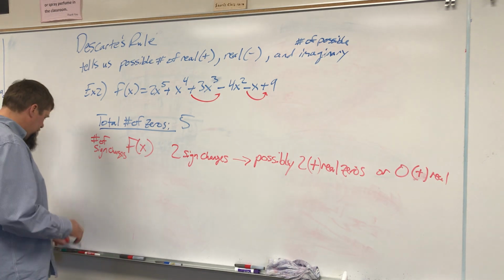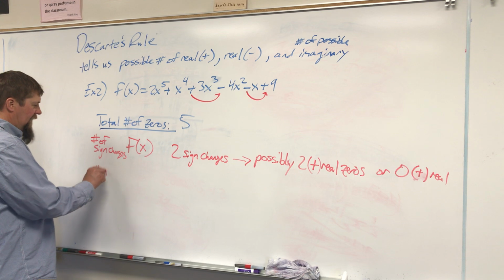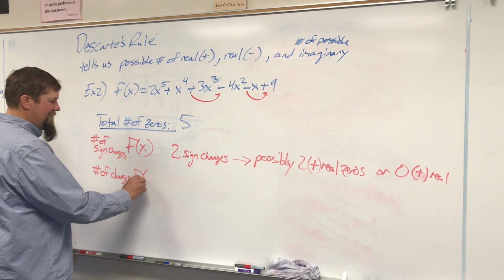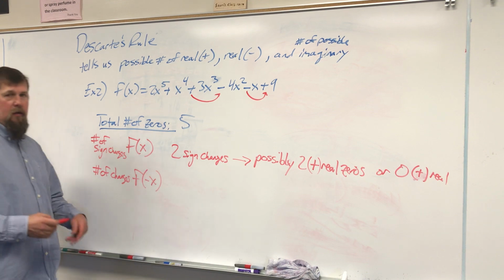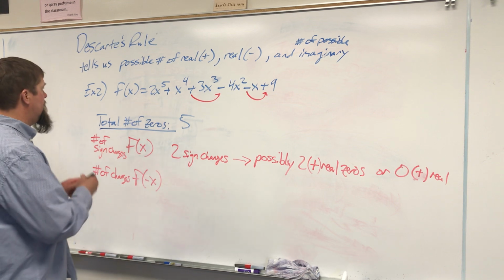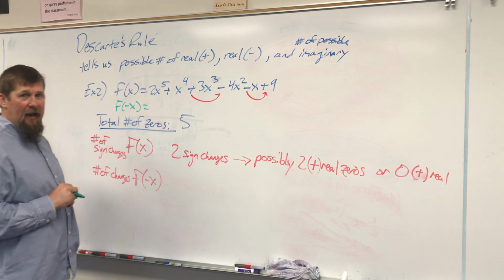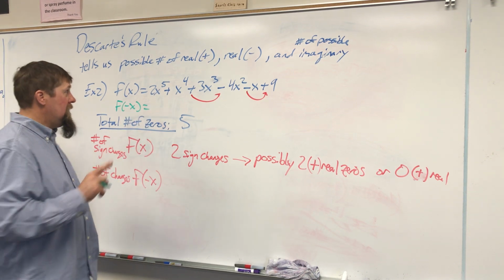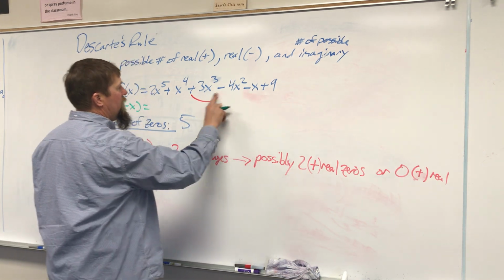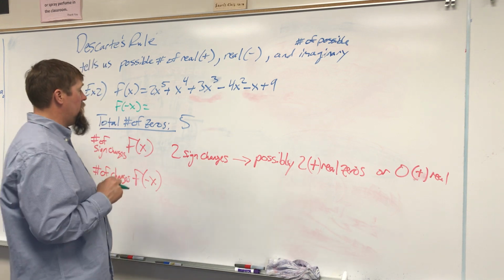All right, let's go to the next one. Now we analyze the number of sign changes for f of negative x. When you analyze f of negative x, basically you put in negative x for x. When that happens, the only signs that change from their original state are the odd degree terms.